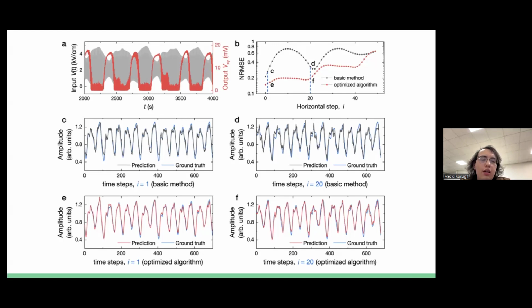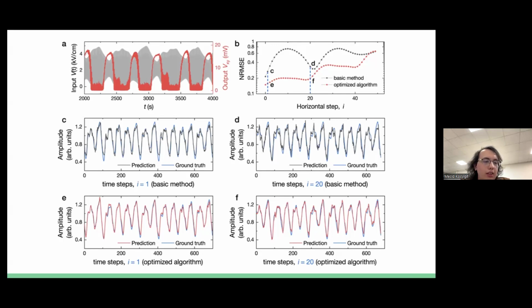Only predicting the next step, but it behaves not that great for I equals 20, 20 steps afterwards. And we can see the normalized root mean square error versus the prediction horizon step in figure B. As you can see, as I increases, the error grows quite a lot.